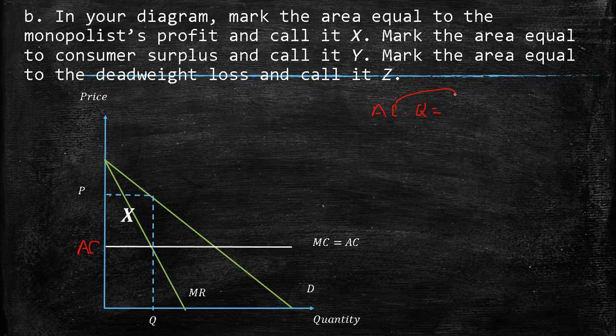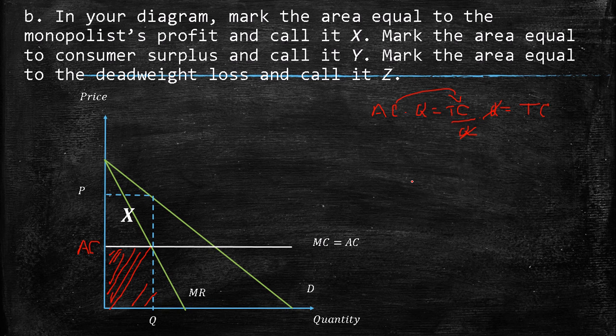Average cost is exactly equal to total cost over Q times Q. It cancels out, so I finish with total cost. So this part is the total cost, all this part, and this one should be the total revenue.